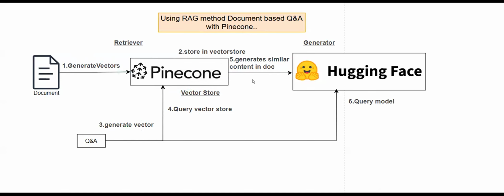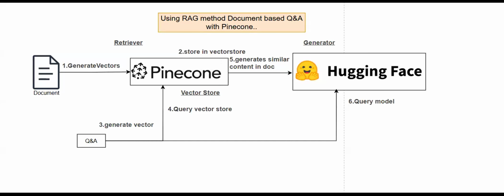Out of the many available documents, we pick only the similar ones, send only that particular document content to our model, and get the response. In this way we can get the appropriate content.